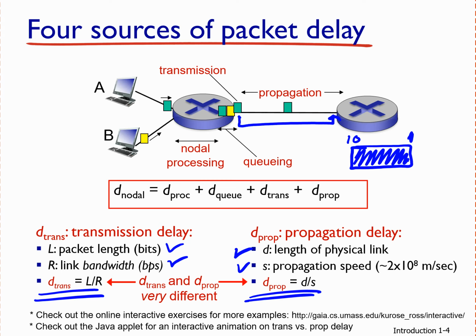The transmission delay is simply the time it takes to move all these bits from the queue to the link. Note that they're not moved yet to the next hop. They're just right here. The propagation delay is the time it takes us to move the whole packet from this point to the destination. That's the propagation delay.